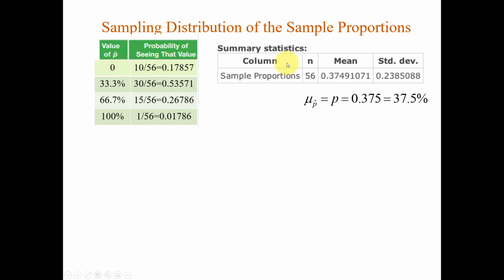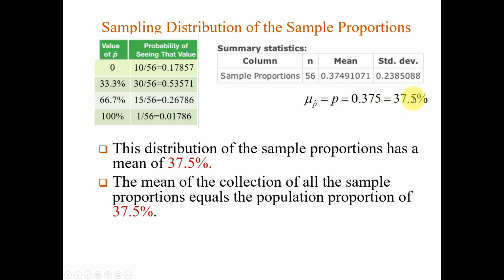So for our sampling distribution, the mu of sub P hat equals the regular P, and we can grab that from here, equals 0.375, or 37.5%. The distribution of sample proportions has a mean, for this example, of 37.5.